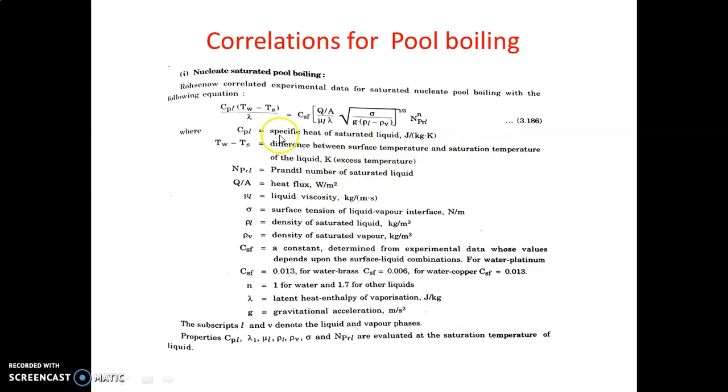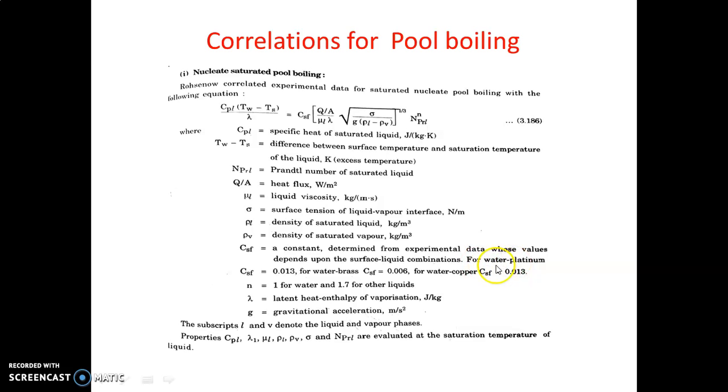It is divided by lambda, the latent heat of vaporization, given in joules per kg, which is equal to CSF. CSF is a constant determined by experimental method, and it depends on the combination of surface and liquid.